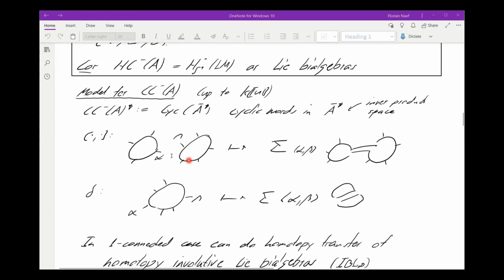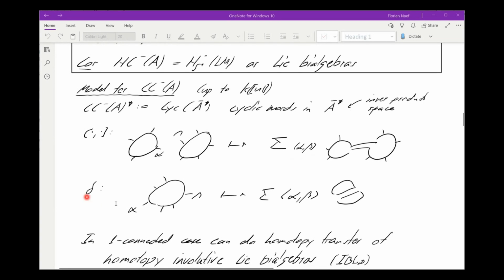Then to get a bracket, we sum over all pairs of labels and connect them using a bridge, and whenever we connect them, we evaluate them using the inner product. For the coproduct, we do more or less the same thing, except now for a single circle. We look for all pairs of labels, evaluate them against the inner product, and build a bridge between them.